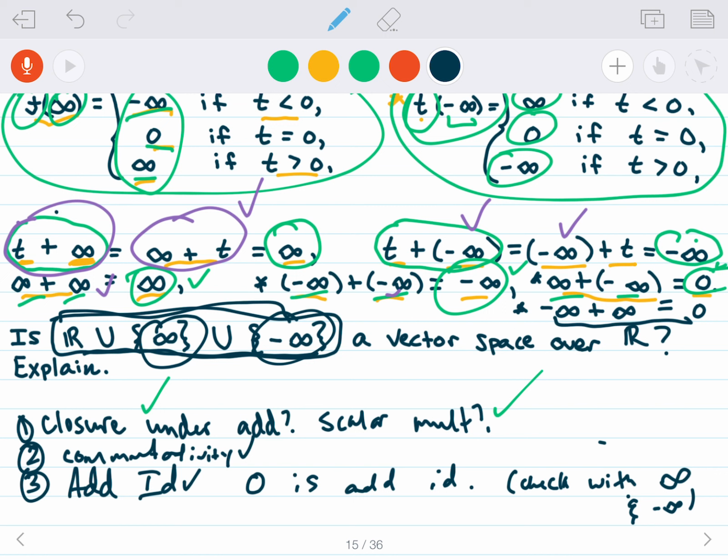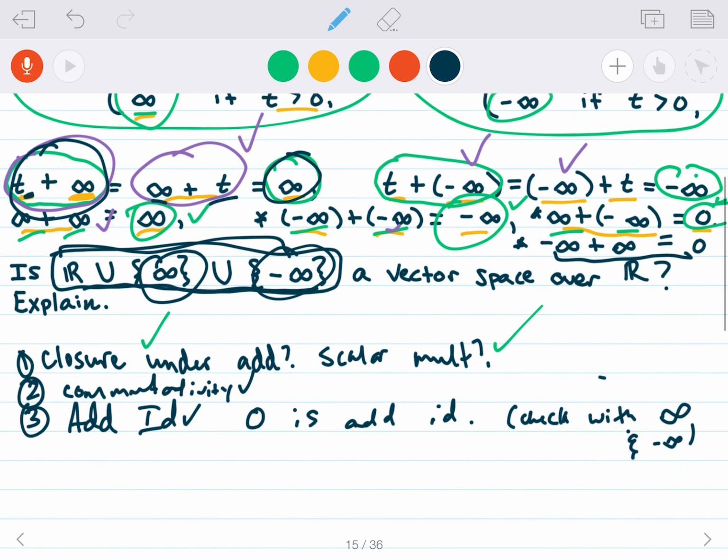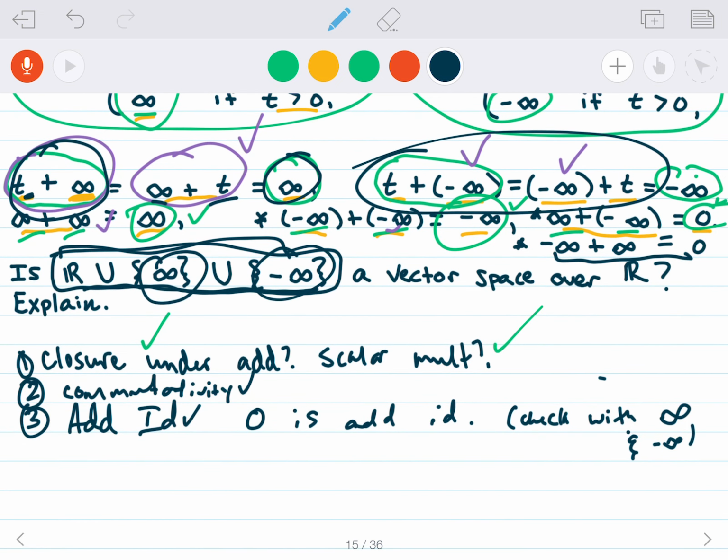Because up here, if we plug in 0 for t, 0 plus infinity is infinity plus 0, which is infinity. That works. And same thing over here. 0 plus negative infinity is negative infinity plus 0 is negative infinity. Alright, cool. Additive identity is good.